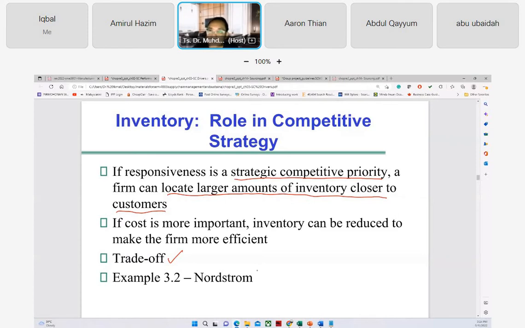They can take that component and put it in the other flight so that it can do service, and then the other one will be put to rest. So that's how it works. If you go for efficiency, then you have to lower your inventory.